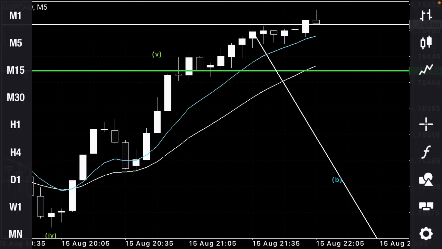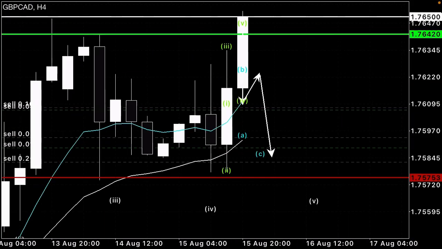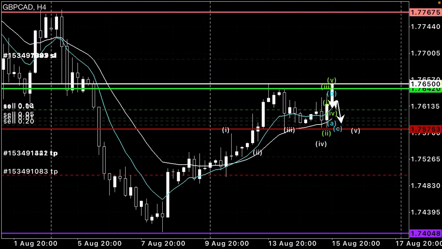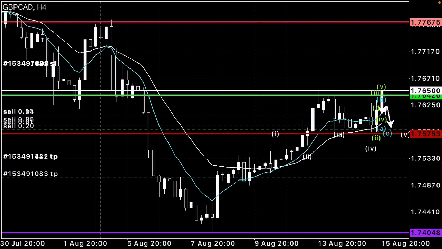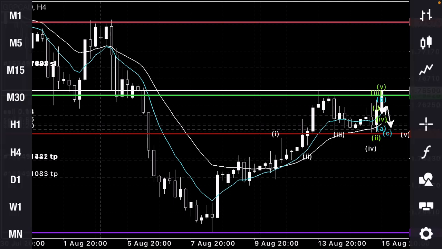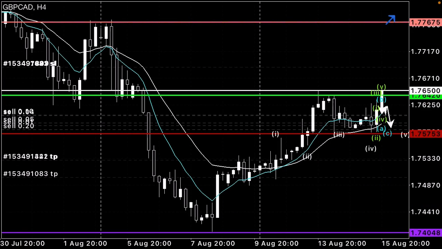Another thing to keep in mind is that it's at the 4-hour high right here. It's testing the highs, and that's considered a bit of resistance there. Because look over to the other side of the chart, there's resistance right here.